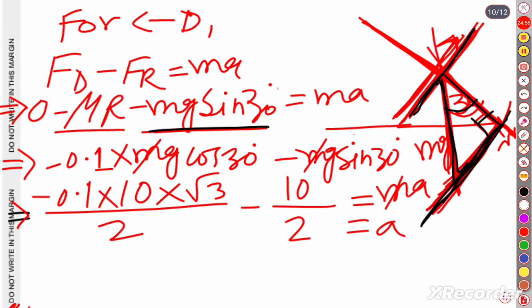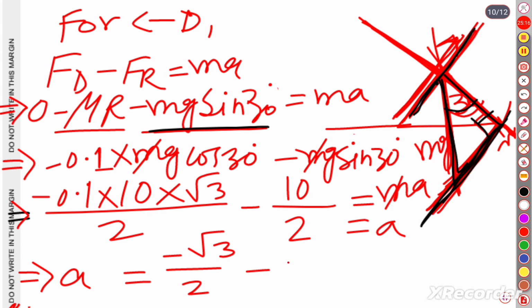Then if we simplify, acceleration is equal to, here 2 can reduce this, or let us not cancel out, it is going to be 10 and 0.1, so negative root 3, and it is going to be 2 minus 5.